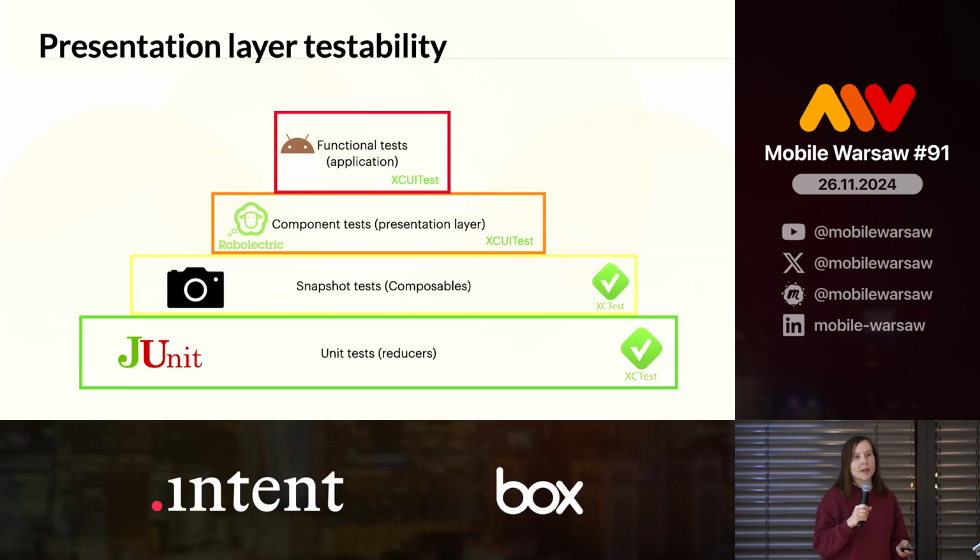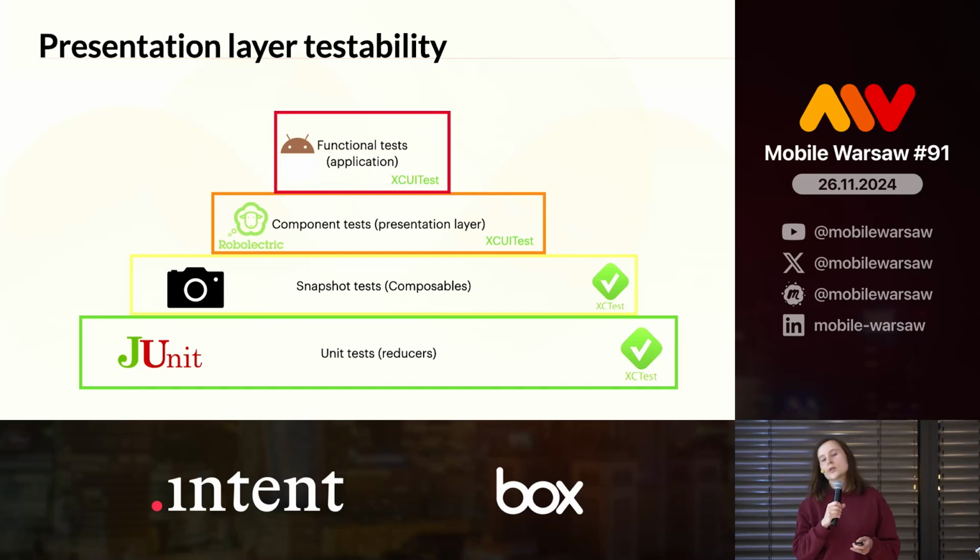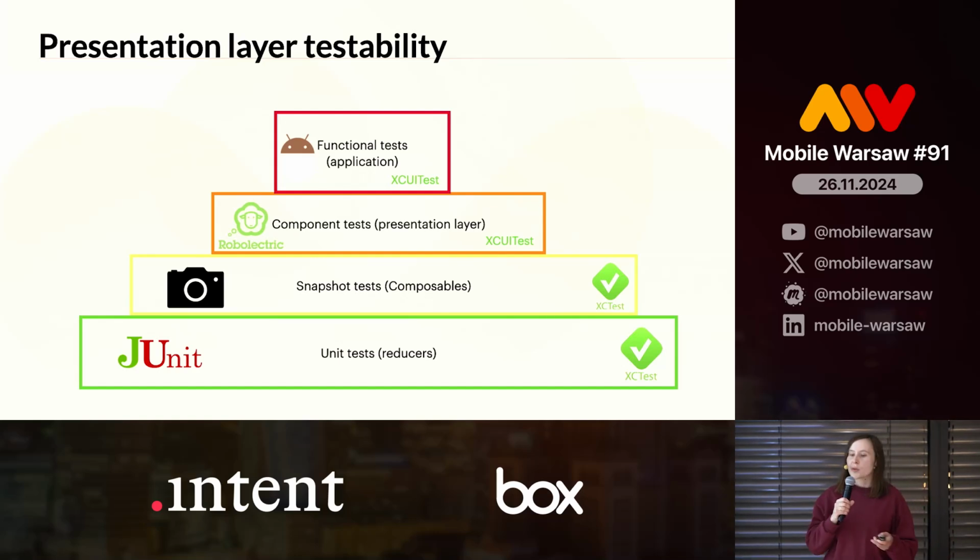It runs locally without the need to have a device or emulator. So those tests are pretty fast and also easy to write. And it was kind of a game changer in our project because that was the first time we could cover our views, our visuals with tests.